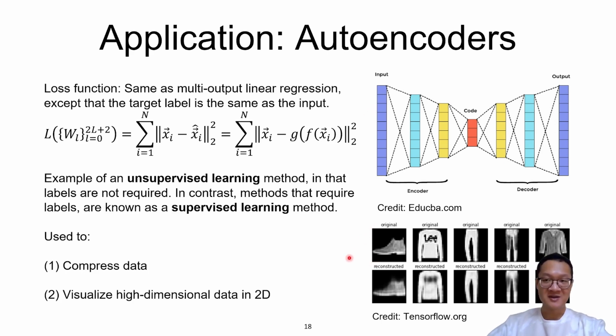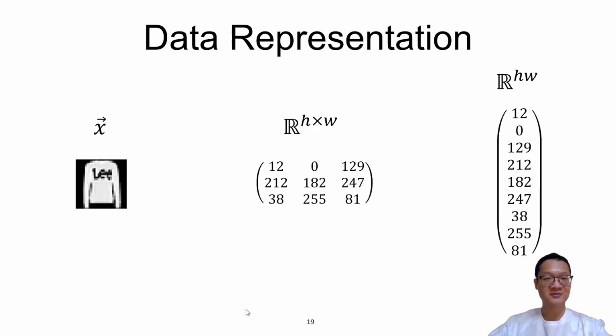So now that we're talking about images, I thought that it would be useful to give you a very brief introduction to data representation for images. So we've been talking about the input data as a vector x, right? So let's say we have a 9-dimensional vector x that could be the input, but a lot of times images appear in 2 dimensions. So for example, images are typically represented as a matrix.